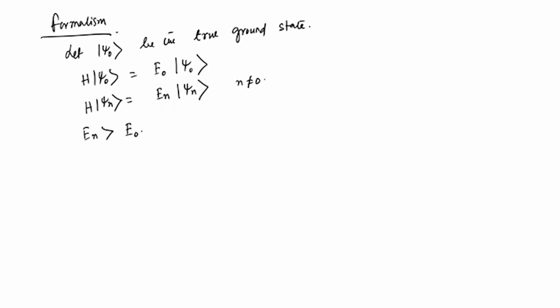So, we now resort to this guess wave function or trial wave function for this H, because we do not know what is going to be the ground state or even the excited states, basically the eigenstates of H, we do not know. So, we need a guess wave function. Let us call this the trial wave function, or alternatively you can call it an ansatz.